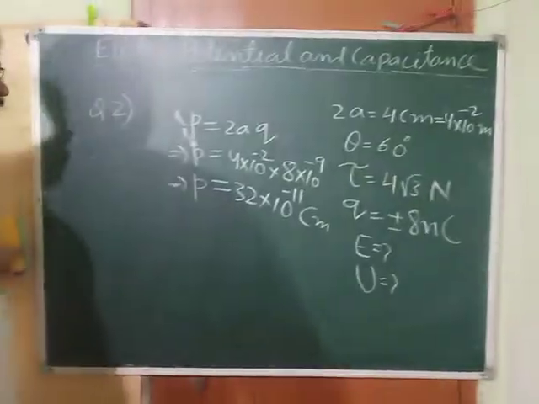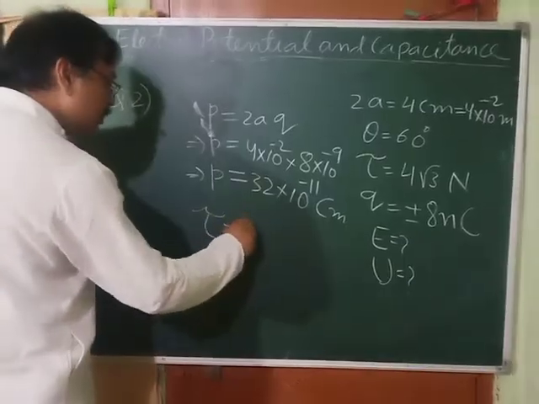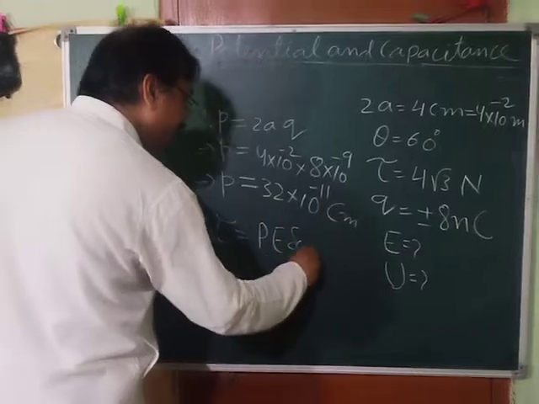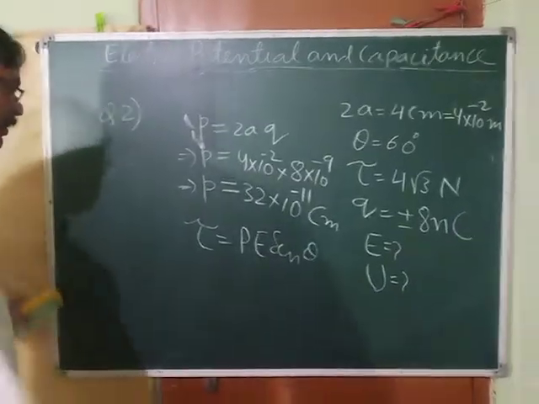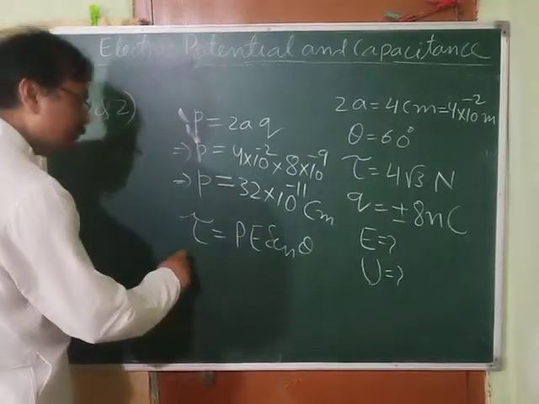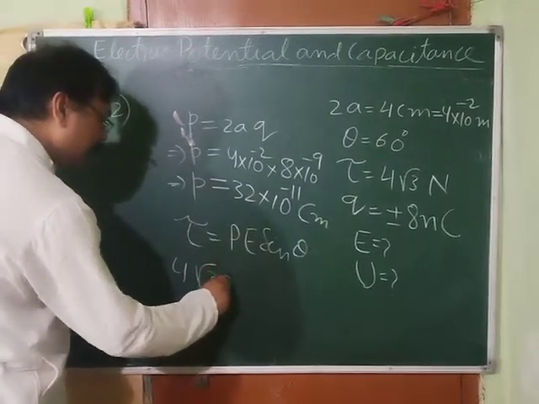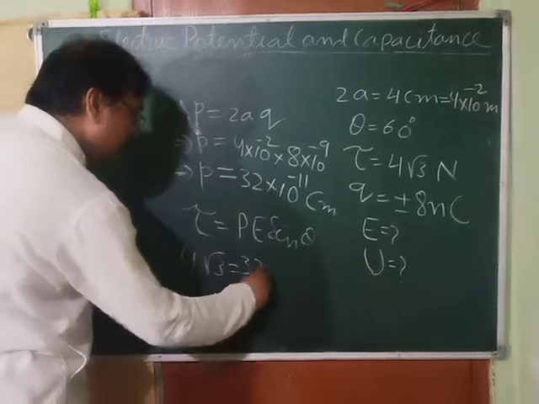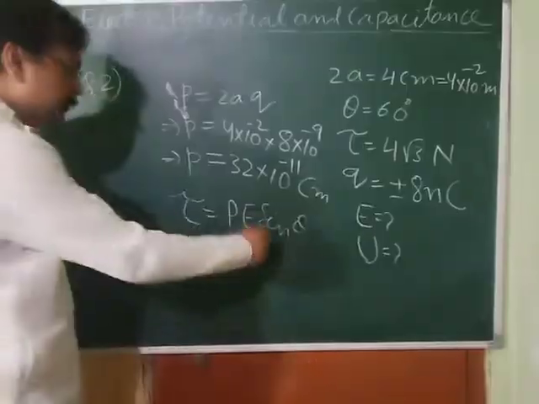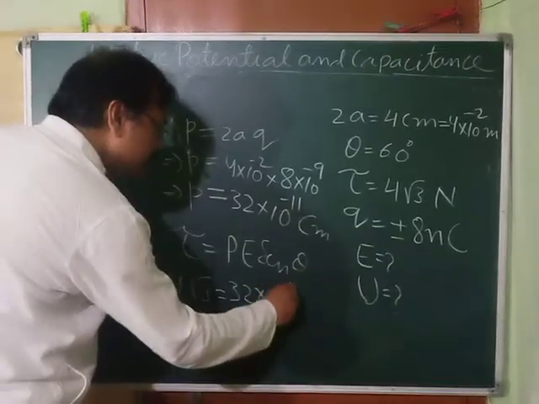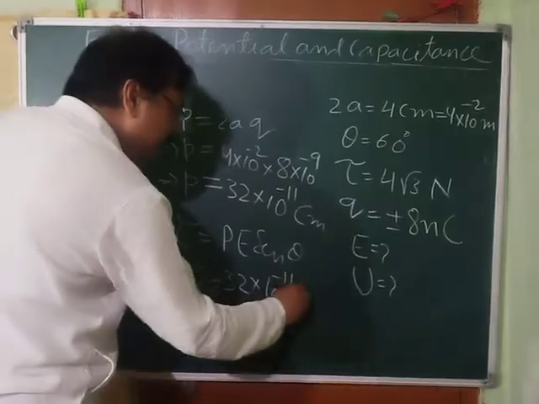Once we have got P, what is torque? Torque is PE sin theta. So we can calculate this torque. Now torque is given, it is 4 root 3. P is 32 into 10 raised to the power minus 11. E we have to find out.